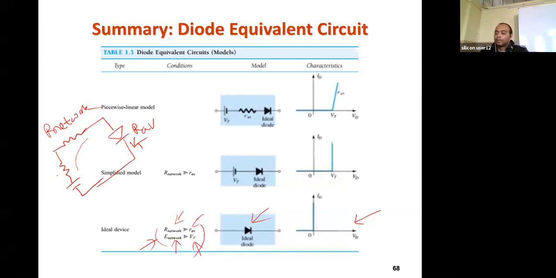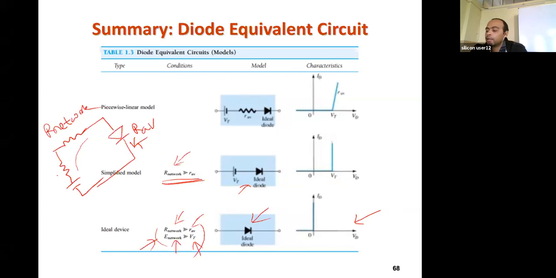In the second scenario, if R network, the resistance of the network, is much larger than RAV, then you can neglect RAV. That is why here you are seeing that the RAV part is not there.